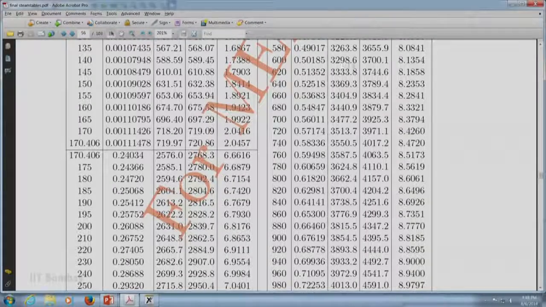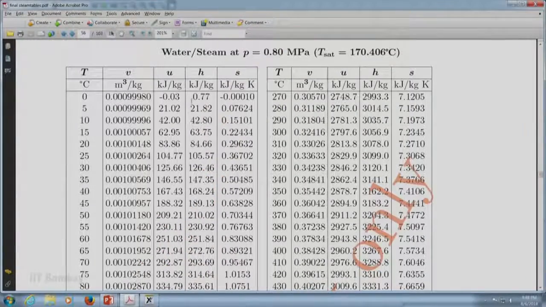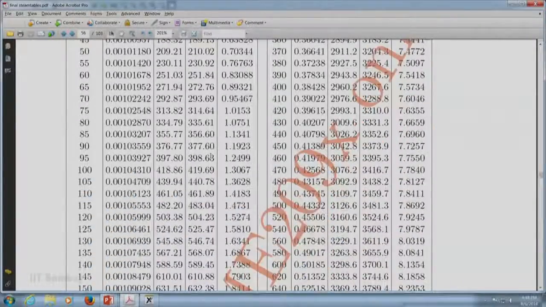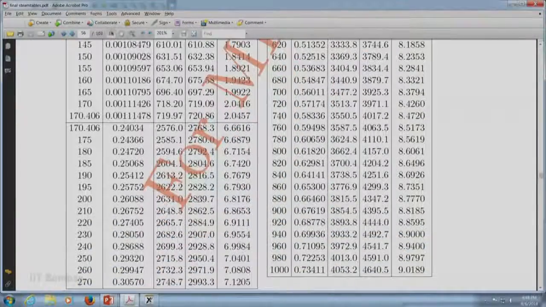So, we can again refer to the same table, table number 3, and see the value of H, 2789, and corresponding to it look at the value of temperature. 2789 falls between 2780 and 2792. So, the value of 2789 can be interpolated between these two temperatures, 175 degree centigrade and 180 degree centigrade.